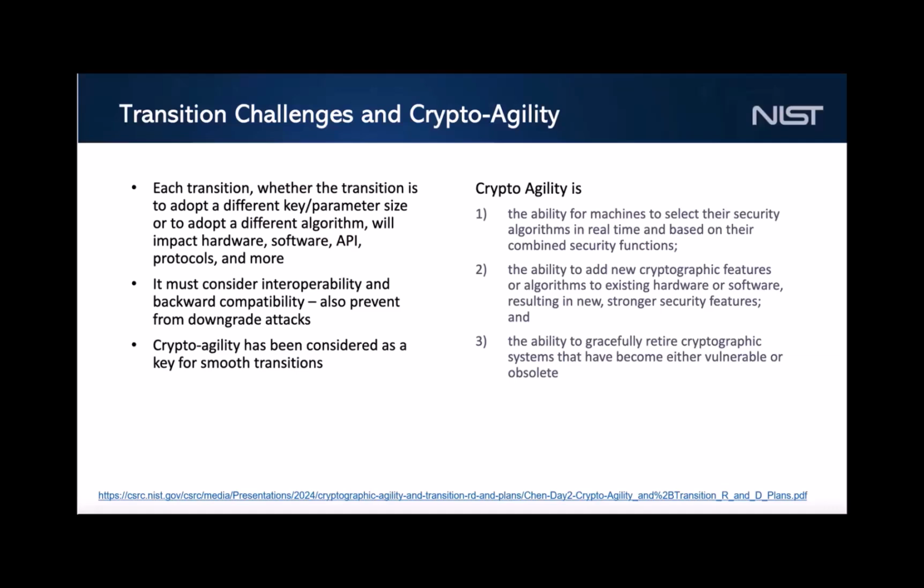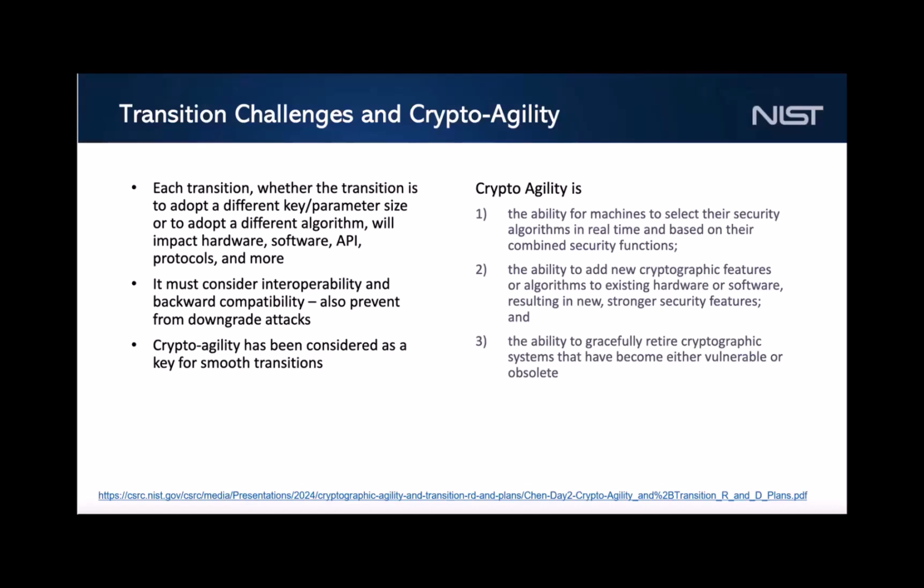First is the ability for machines to select their security algorithms in real time, based on their combined security functions, which means that the way we work now, with QKD, with physical layer security, you see, now is the guy on the physical layer security, now is the guy of QKD. They believe, and I believe too, that since all of them have pros and cons, now what we should do is to hybridize them all and take it into account in the overall design of the protocol.